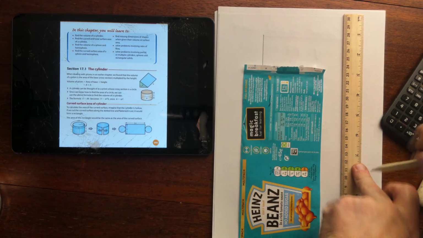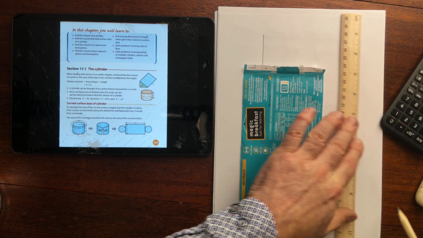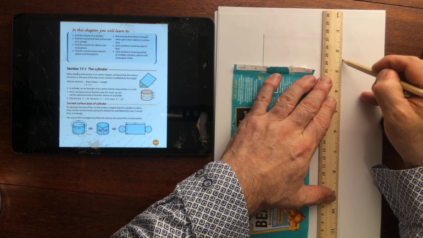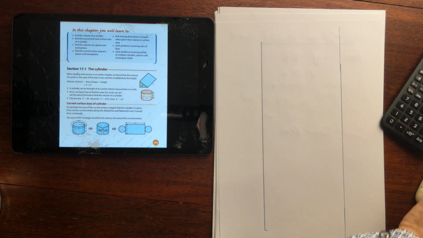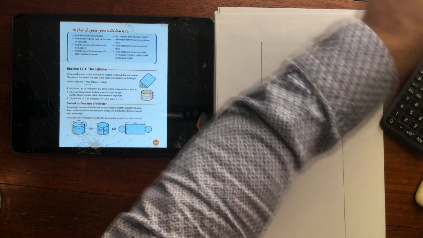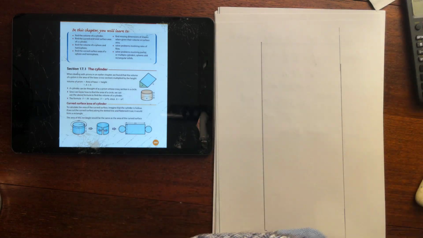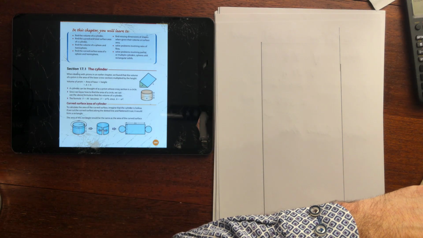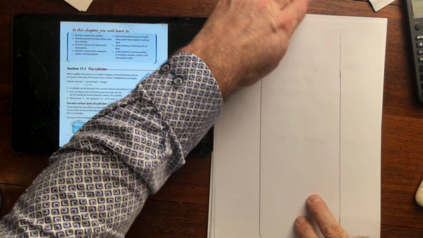I'll just extend this a bit, and it should come in here at right angles. Just find my set square here.